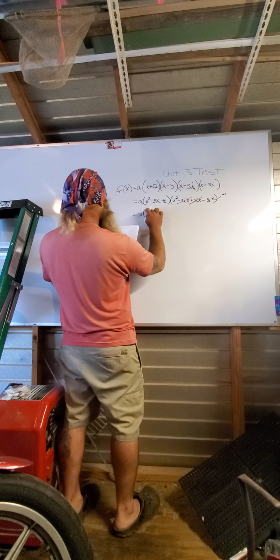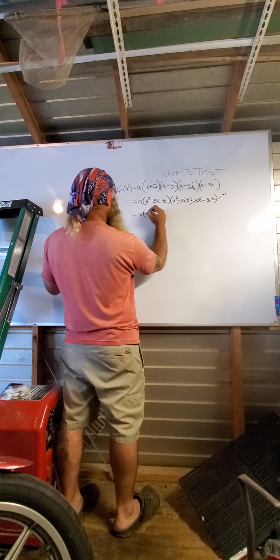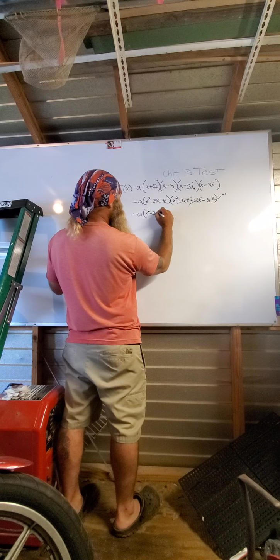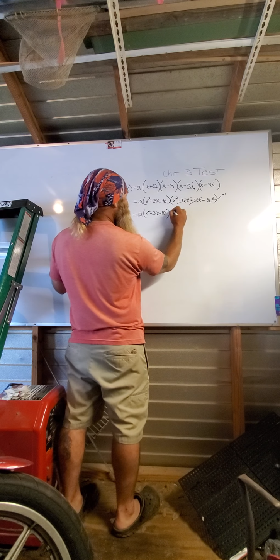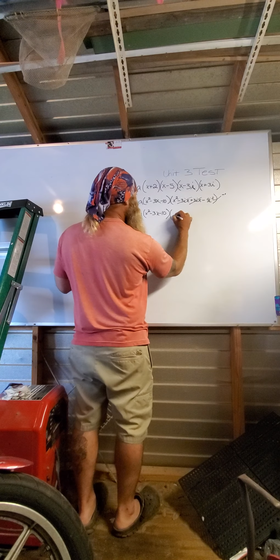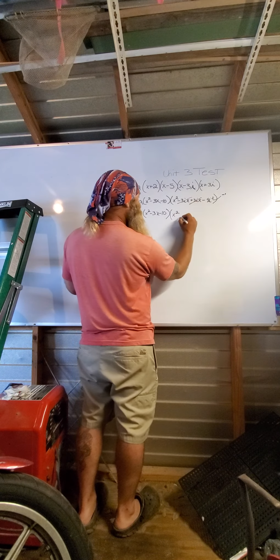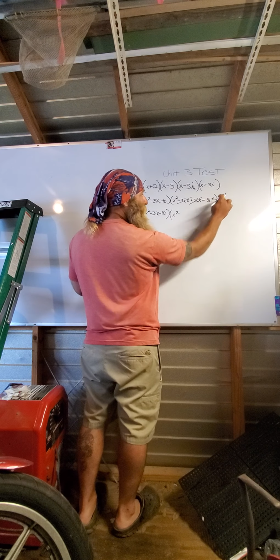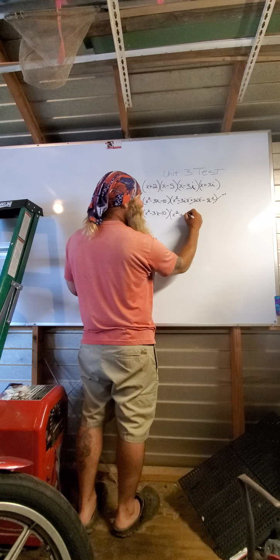So we simplify a. We're going to leave that first one alone. X squared minus 3x minus 10. We're going to simplify here. We have x squared. We don't have anything left over. -9 times -1 is a +9.